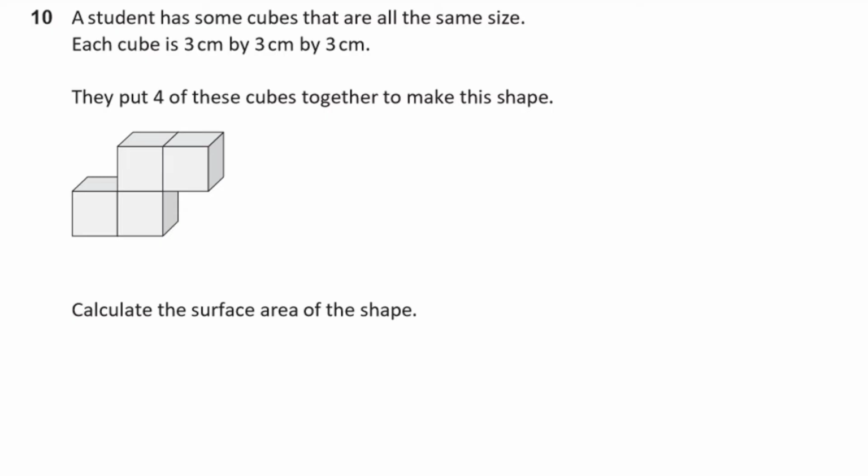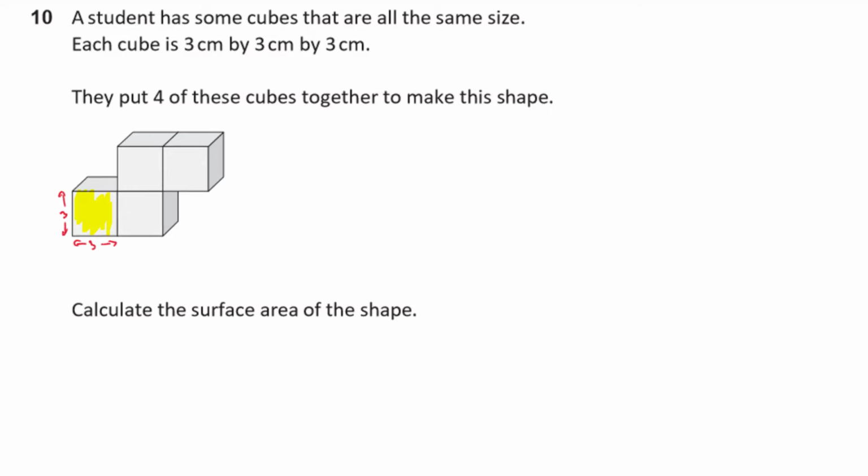Okay. Well, the surface area of a cube generally is made up of the areas of each of the 6 faces. Okay, so if you imagine one of the faces of this cube, like this face here, that is going to be 3 in this direction and 3 in this direction.